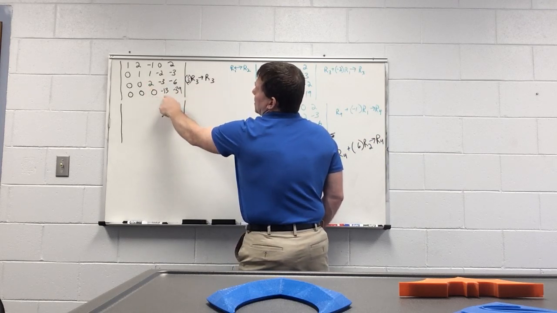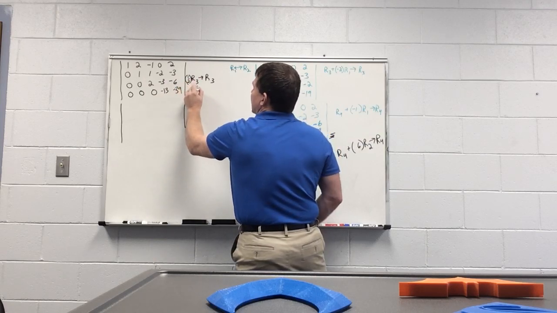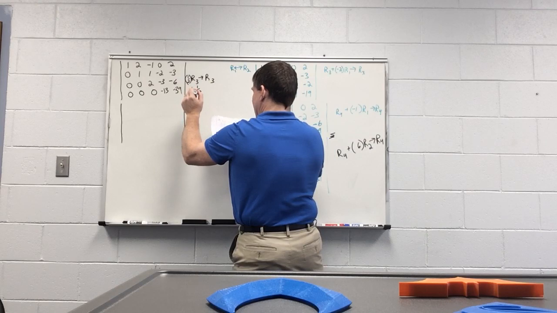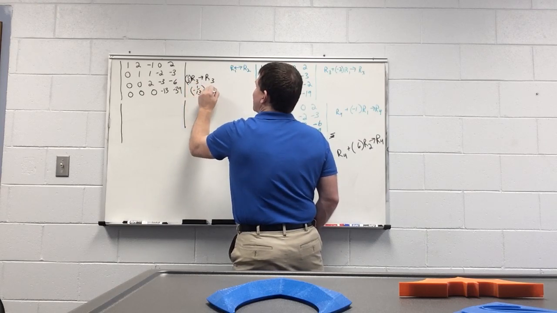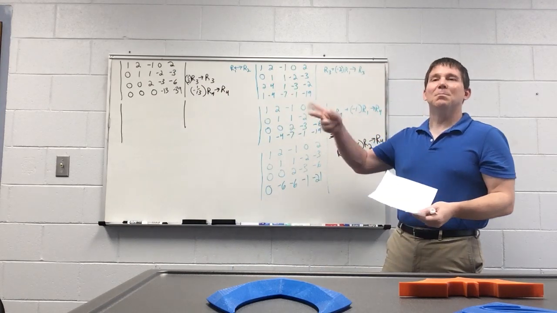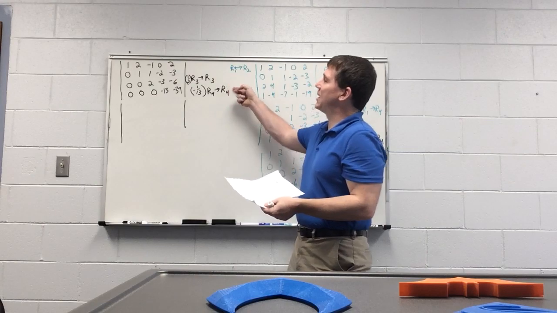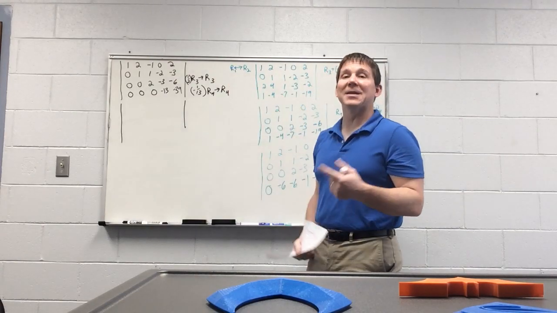So now I'm going to do 2 and 1. This row needs to be multiplied by negative 1/13. R sub 4 into r sub 4. Since I'm not manipulating the rows and combining one row with another, I'm dealing with 2 separate rows. I'm going to do them at the same time.